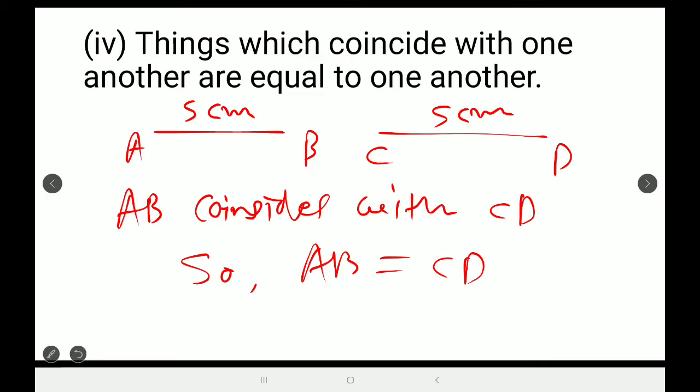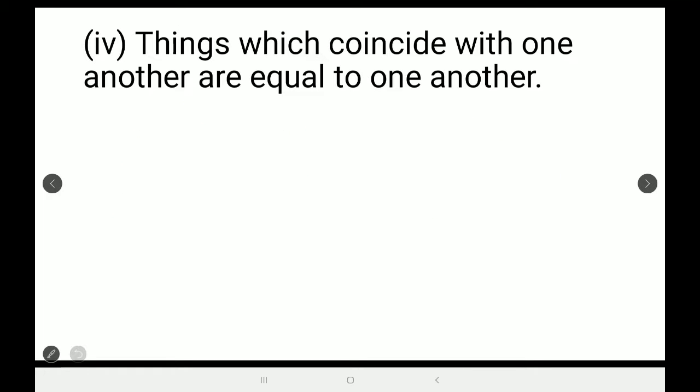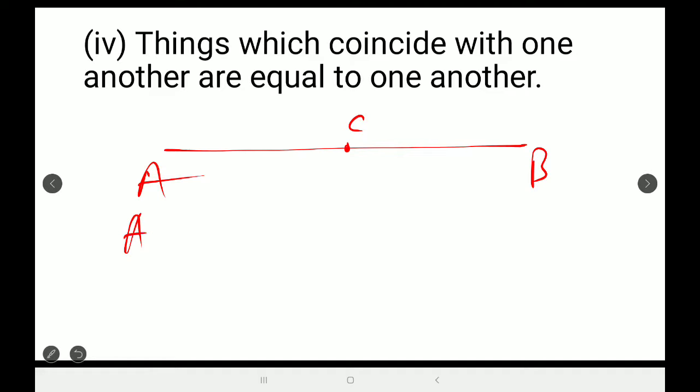But in this chapter, we will use this axiom like this. This type of example is there. Let's understand. If I draw one line, say AB, and take one point C, we can say that AC plus CB, meaning this part and this part, if we add this, we will get AB.